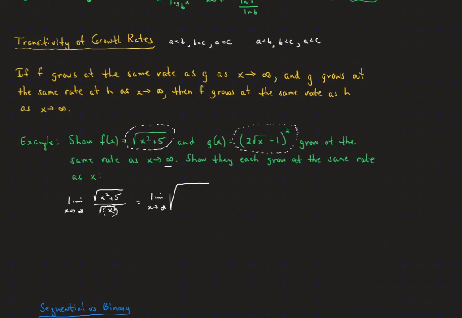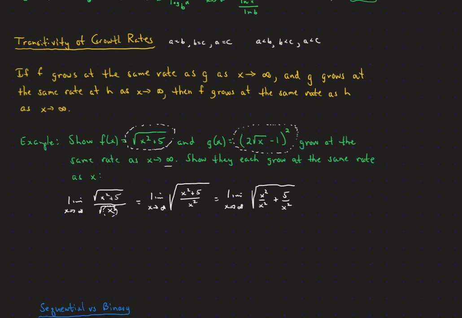And so that's going to become the square root of x squared plus 5 all over x squared. We can do this in fewer steps, but we can look at splitting that apart and making that the square root of x squared over x squared plus 5 over x squared.